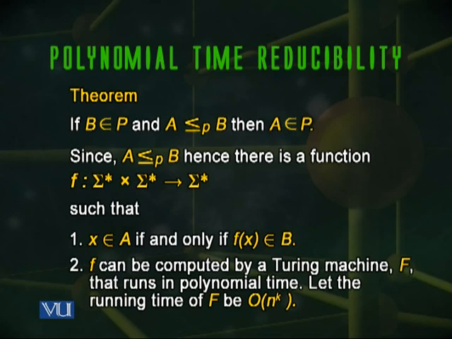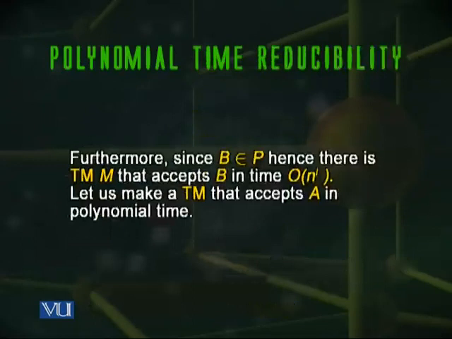Let the running time of this Turing machine capital F be order n to the k. Furthermore, we are given that B is in P. Hence there is a Turing machine M that accepts B in time n to the L. Once again, n to the L is the running time of this Turing machine M that accepts B.